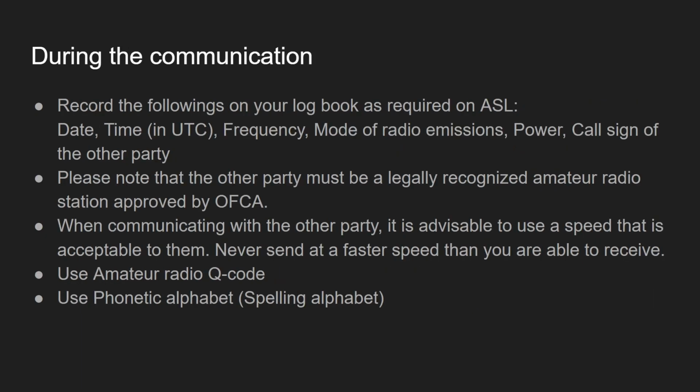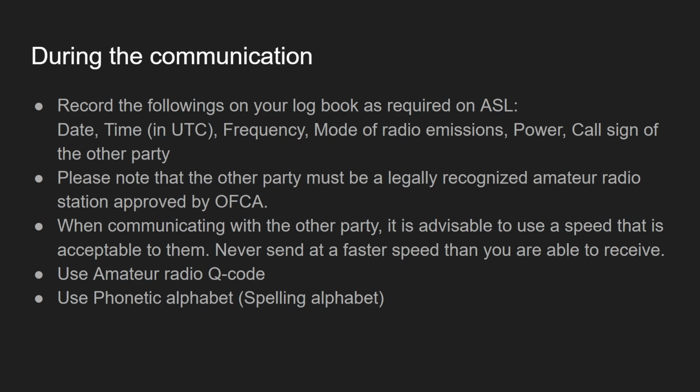Okay, and during the communications, remember to keep the logbook, and the people you are trying to communicate with should be approved by OFCA or have a license if you are in Hong Kong. But if you are just doing DX, you don't know if they have a license or not, then yeah, you just don't know.